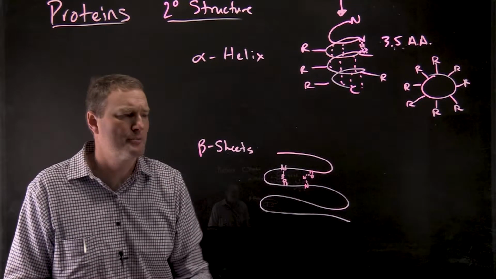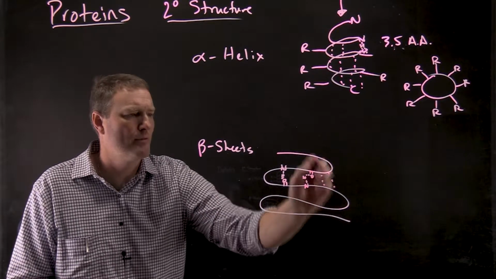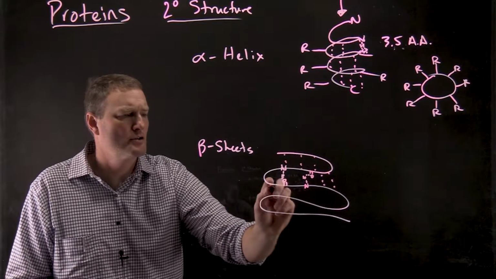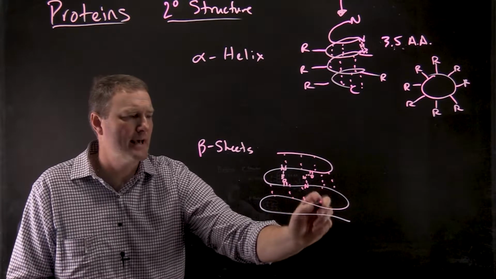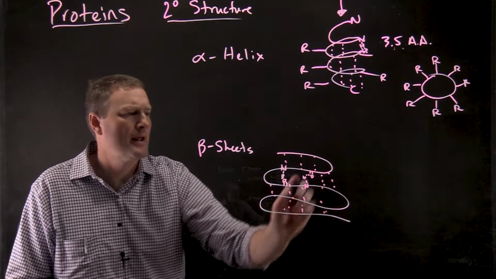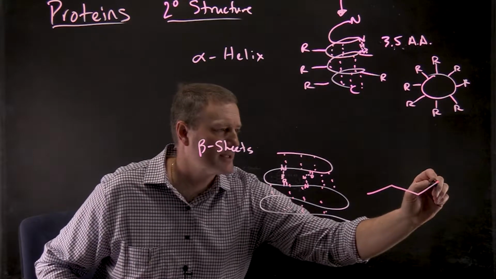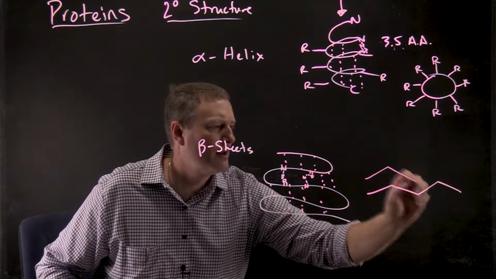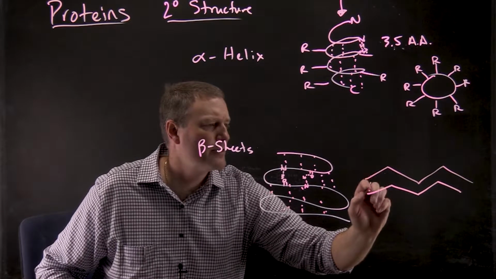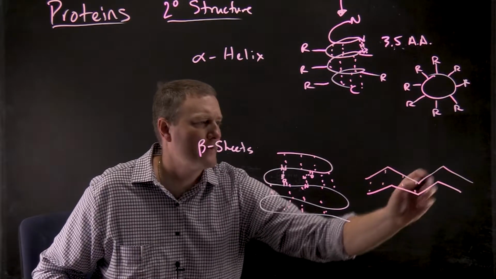Where we have little hydrogen bonds here, multiple hydrogen bonds hold this folded structure together. If I were to look at this from the side, beta sheets often have an accordion look to them, with hydrogen bonding interactions holding these together.